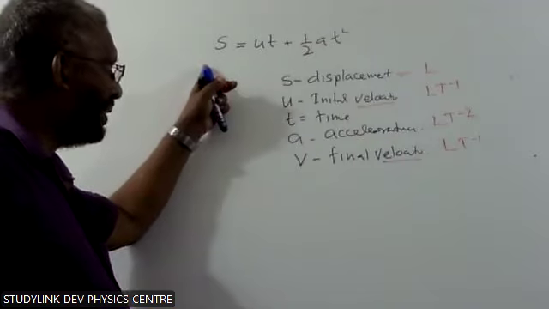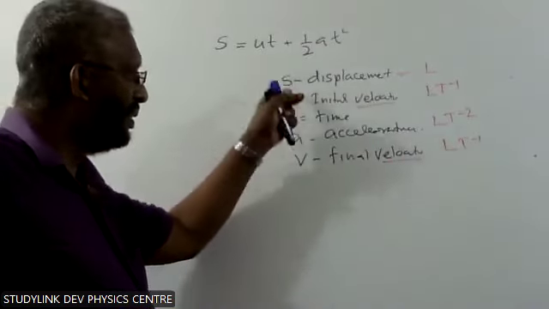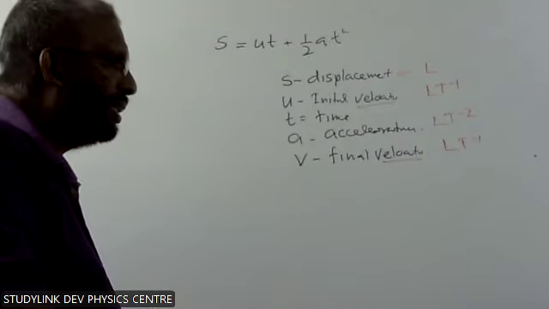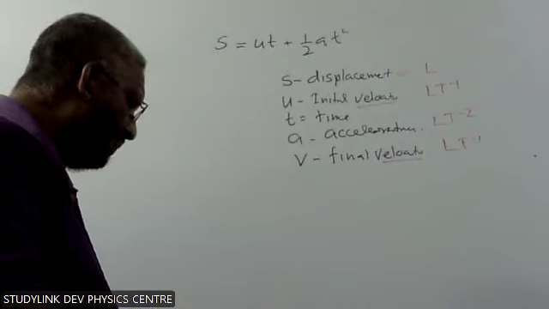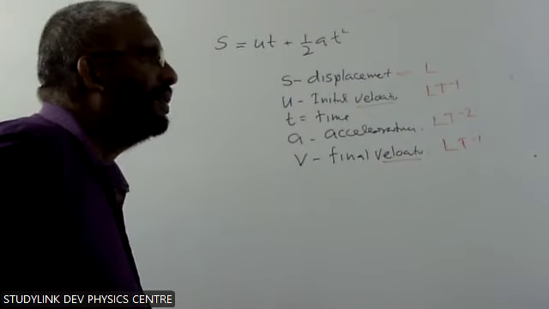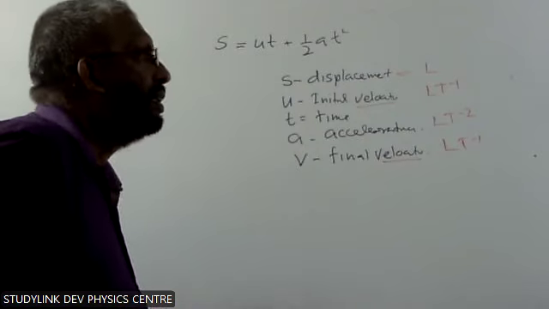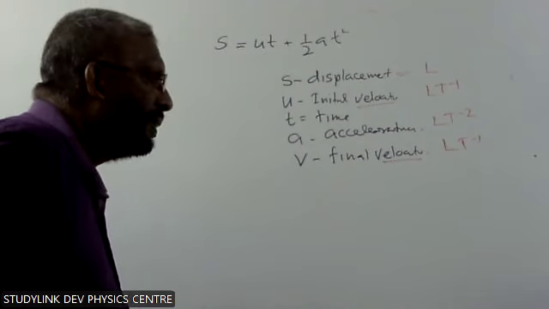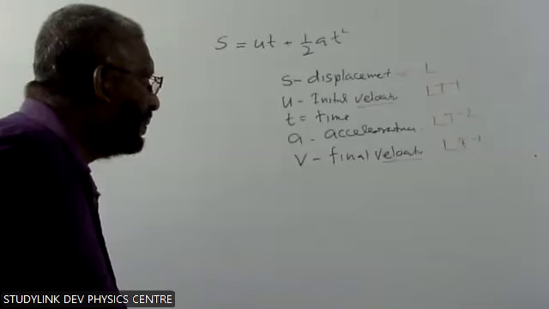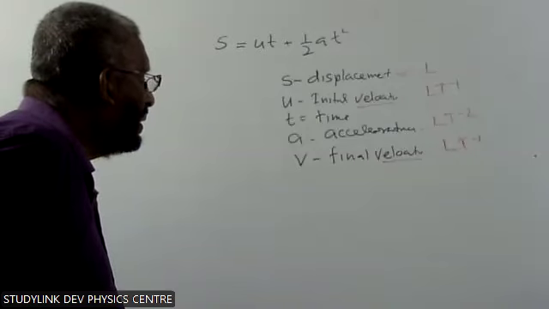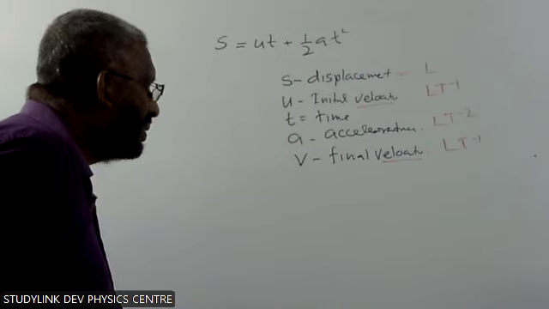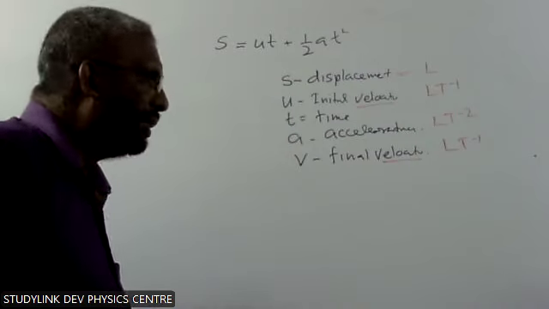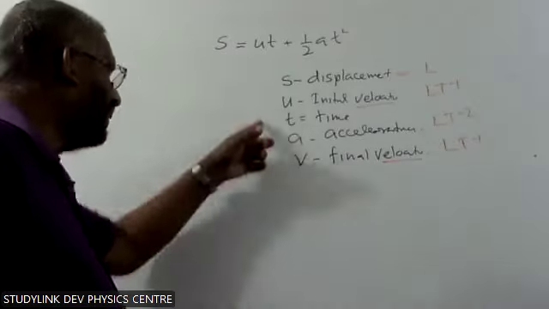Then you first write the symbols and their physical quantity in the linear motion equations, or description of the letters.